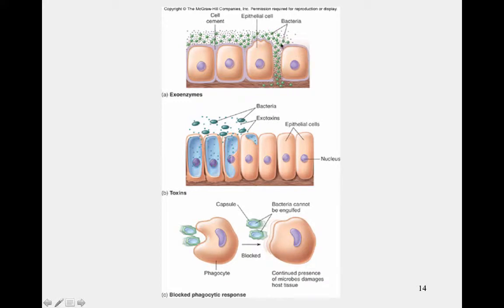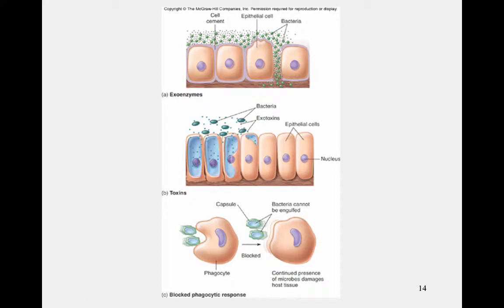So for example, hyaluronidase, which can be produced from strep bacteria, or coagulase, which is produced from Staph aureus strains, can cause tissue damage in the surrounding environment. Now, this is similar to how an exotoxin is released and how it elicits its disease-causing effects.